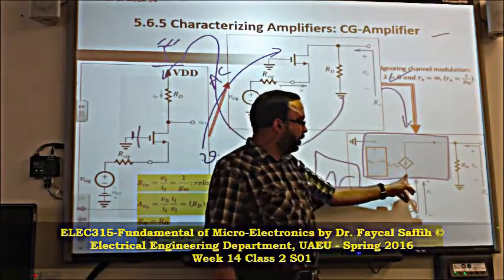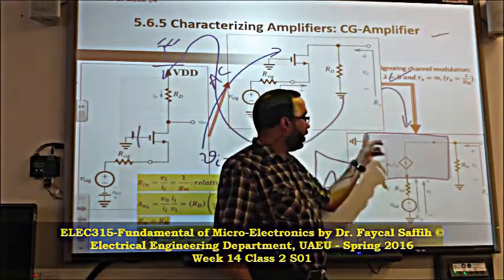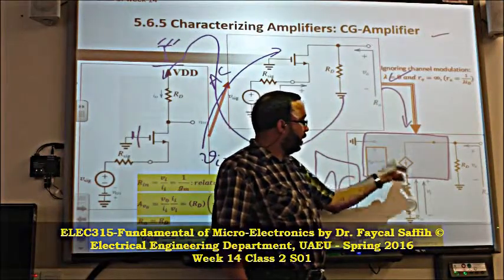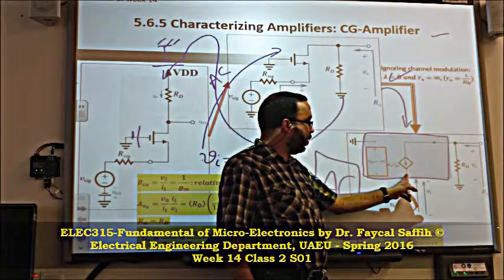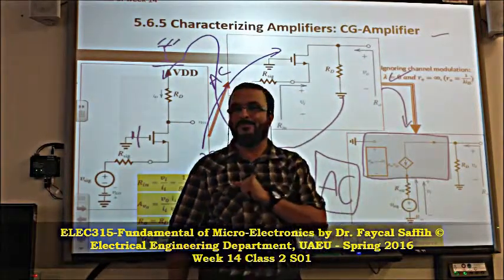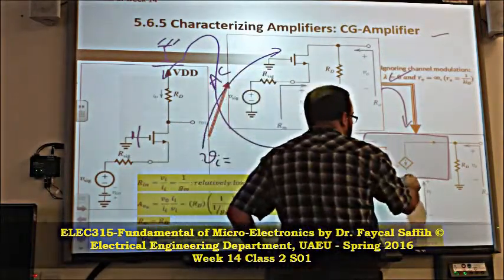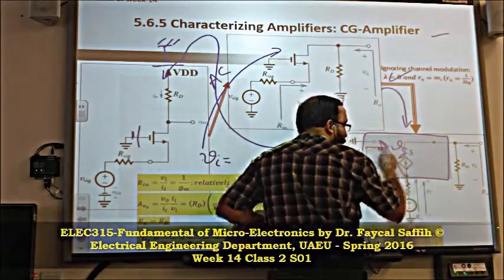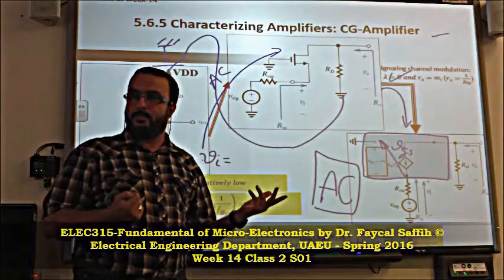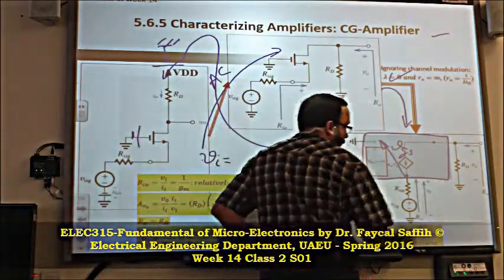So basically the voltage from here to this ground is the same as this one. VGS is going to be minus Vin, yes or no? This voltage is actually VGS, and this voltage is Vin.